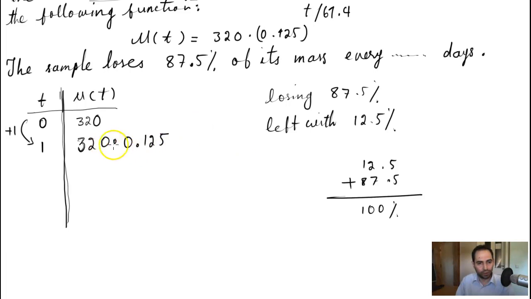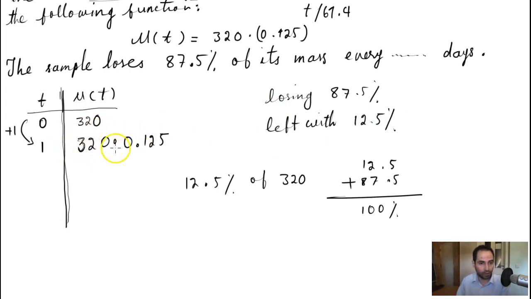When you multiply 320 by 0.125, that means you are taking 12.5% of 320, and that's basically the meaning of this whole expression. It's the same thing that we had here. You're losing 87.5%, so you're left with 12.5%, and 12.5% is basically 0.125.